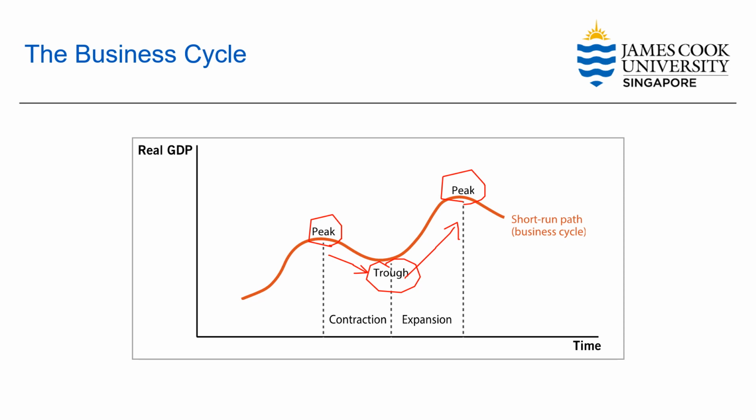We call that period of time expansion. Our economy is expanding because we are producing more and more goods and services. And of course, this short-run path is fluctuating along the long-run trend of GDP, which we're going to introduce in the later chapters.